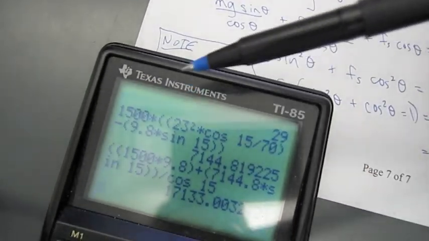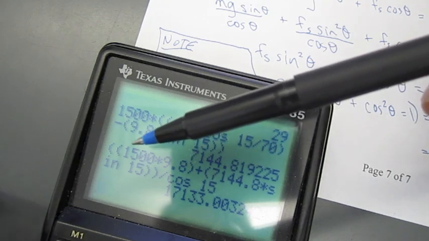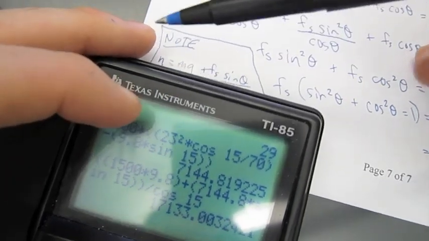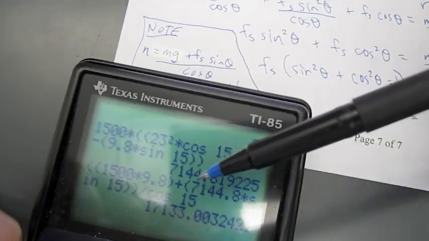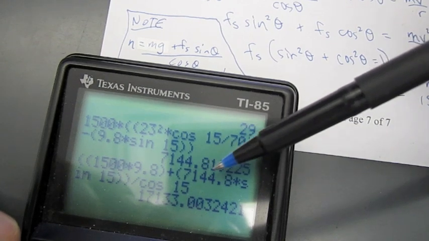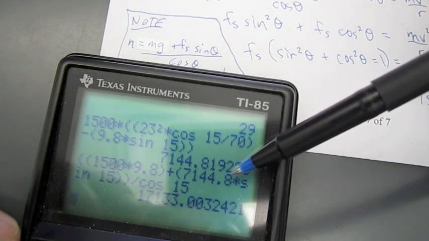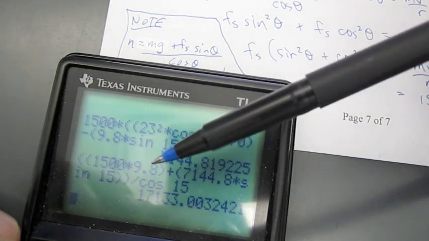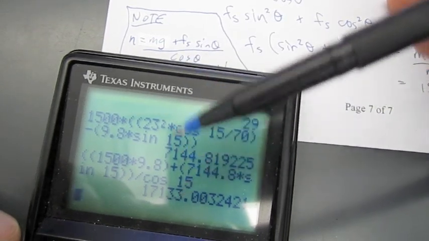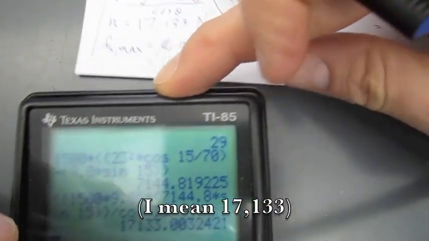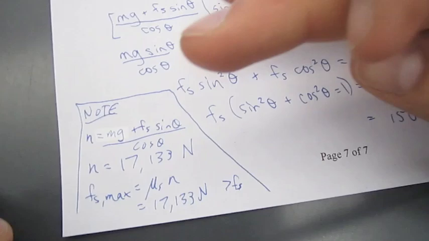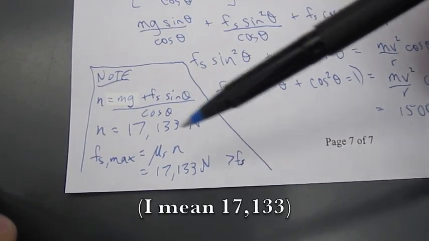So plugging that into my calculator, mg is 1500 times 9.8, plus we worked out the force of static friction was 7144.8 newtons times sine 15, divide the whole thing by cos 15, and I got 1733. So the normal force is 1733 newtons.